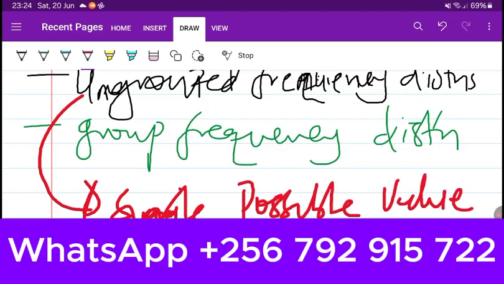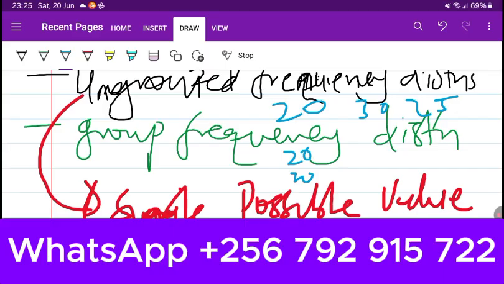Maybe we are dealing with ages of students, just giving normal ages: 20, 30, 25, and you find that there are very many people aged 20 years. Instead of grouping this data into interval classes, we just take each value to be a class: a class of 20, a class of 30, a class of 25. That's what we call the ungrouped frequency distribution.